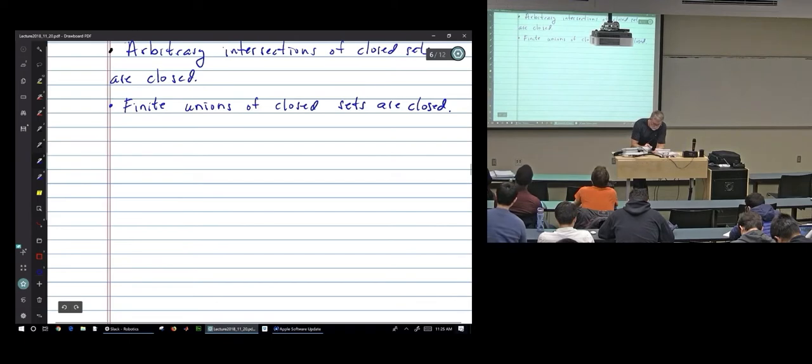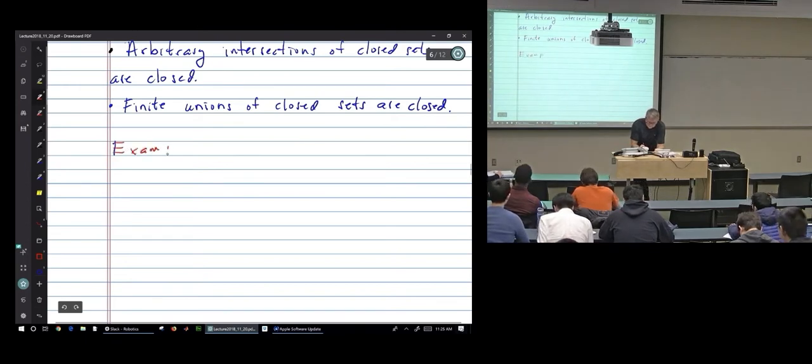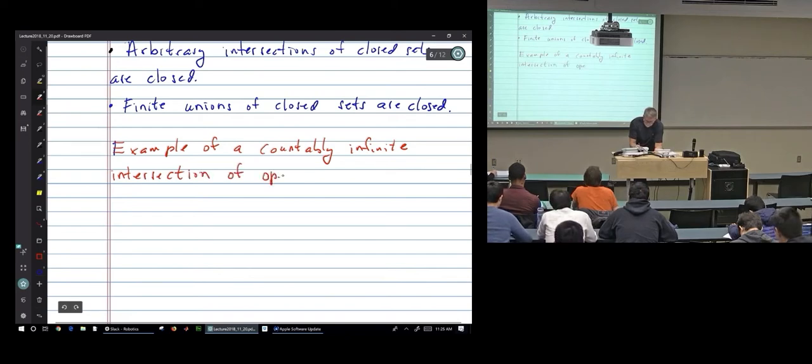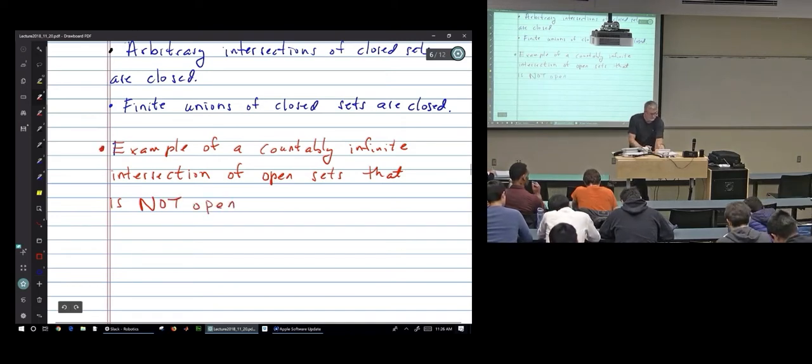An example of a countably infinite intersection of open sets that is not open.